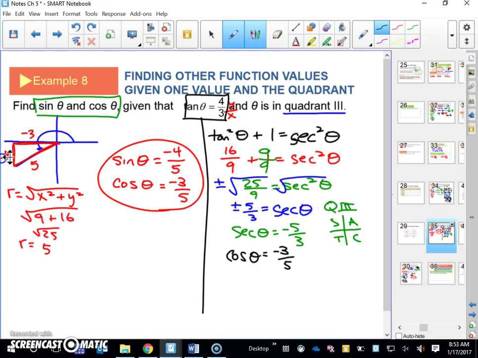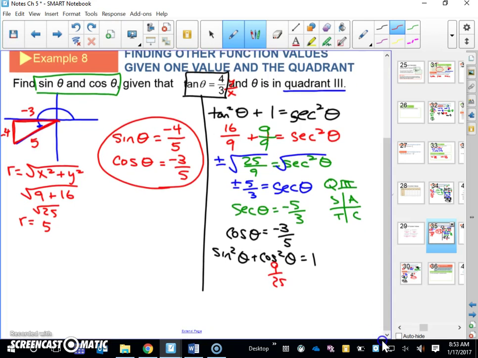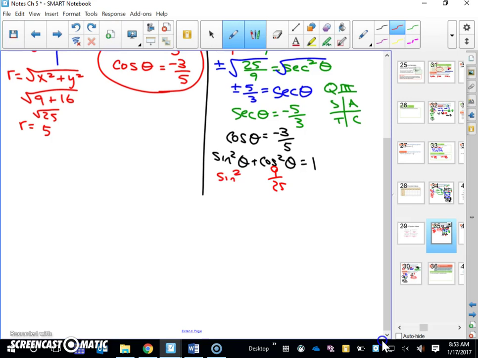Okay? Now, if I wanted to know sine theta, I could do a couple of different things. I could do maybe a quotient identity or maybe another Pythagorean identity. If I did sine squared theta plus cosine squared theta equals 1, I just plug in this cosine. Cosine theta is negative 3/5, so squared, that's 9/25. I have sine squared theta plus 9/25 equals 1.